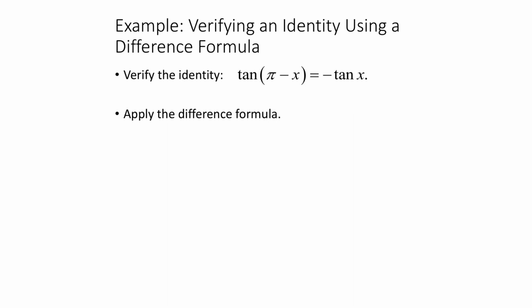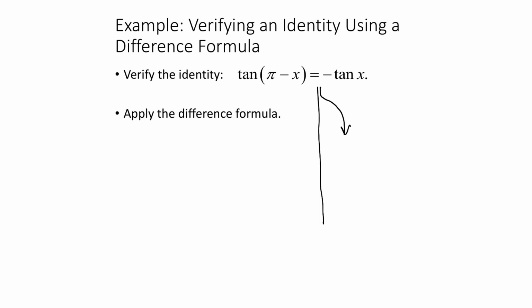We have this identity that's presented to us here, and we can use that formula to verify this. So our goal is to make it look like negative tan x, and we have the subtraction here.